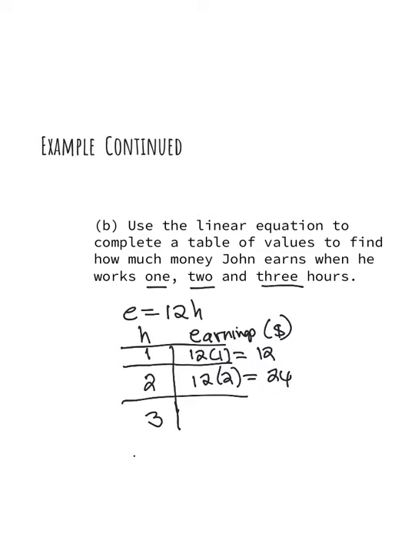And if he works 3 hours, same equation, but H is now 3, so 12 times 3, which is $36. So here we took the equation and we were able to come up with a table of H and E values, which are similar to our X and Y values.